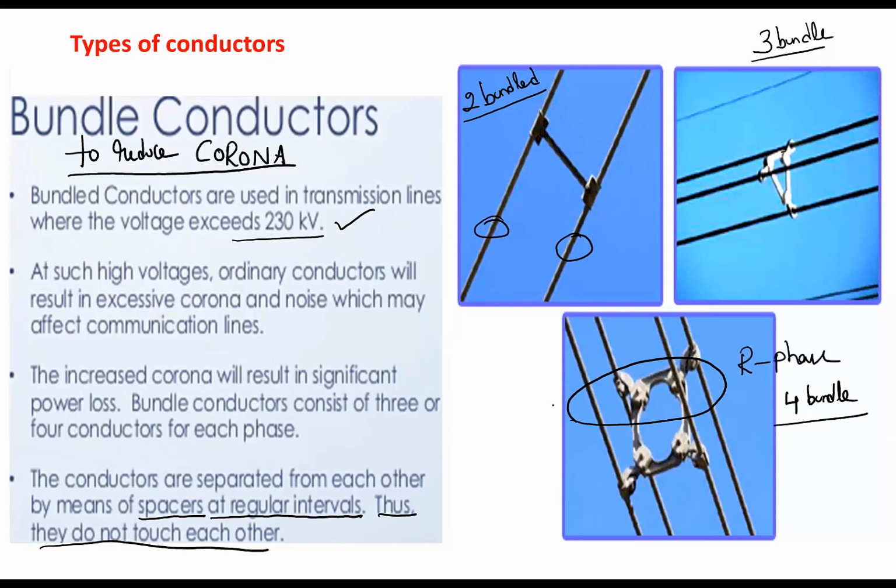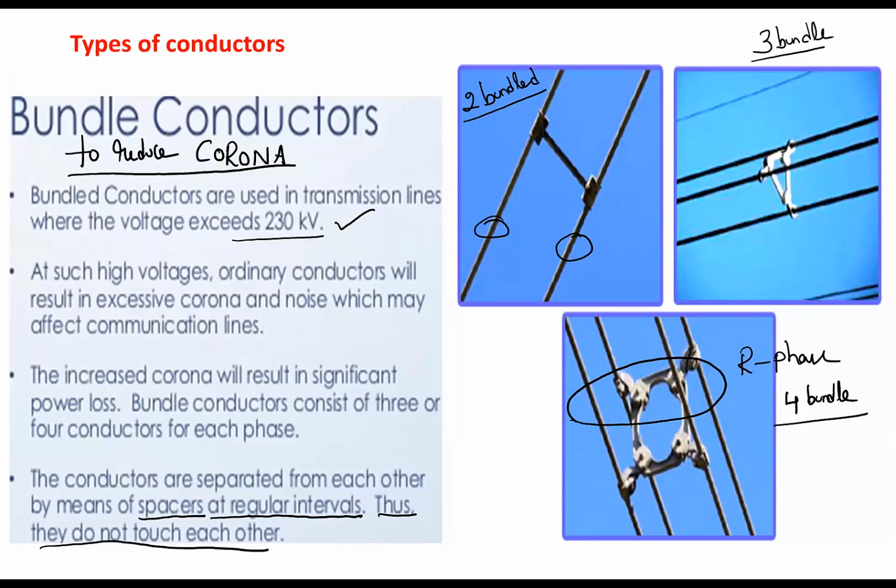Similarly, exactly same configuration will be there for Y phase and B phase also. Understand? So that means the voltage of all these four conductors is same, because it is the same phase conductor and they are connected with each other. So it is a bundled conductor where we are increasing the size of conductor to reduce corona.